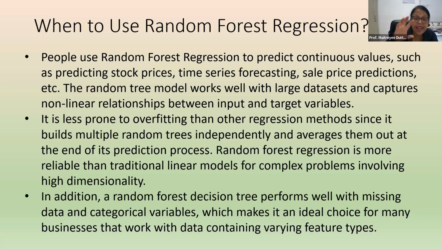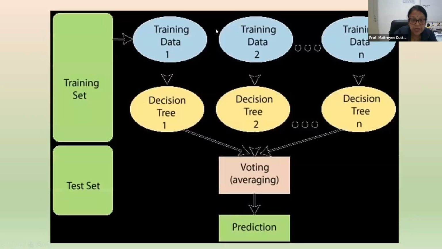After that, it takes the output from all the decision trees and averages the data. I will just show you how it works. So this is the random forest: training data, decision tree, different training data, decision tree. The outputs of all these decision trees are averaged or voted on, and then finally comes the prediction. And the training data is also taken randomly.